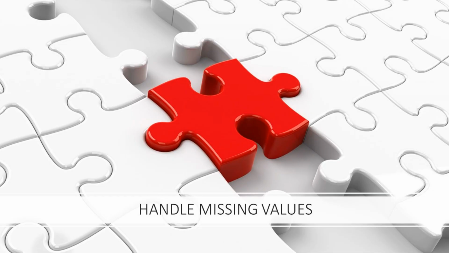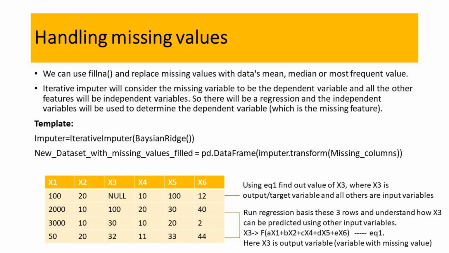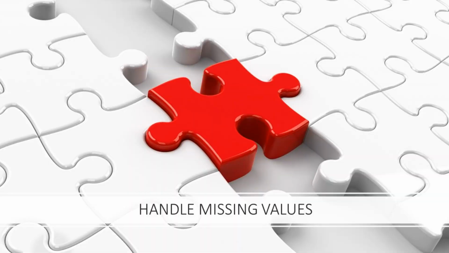So this is very important. You will get a lot of missing values most of the time. For example, you can see this table here on the screen. In this x3 column, the first row we have a null. Now if you don't handle this null, it is going to be a big problem, because the machine will not be able to understand what null means.